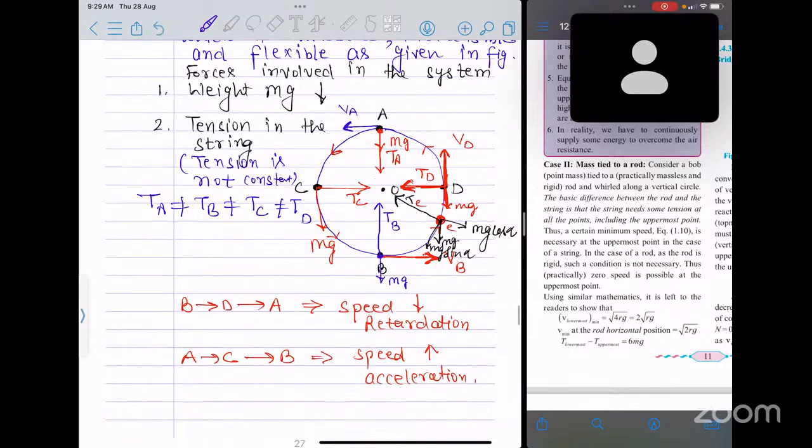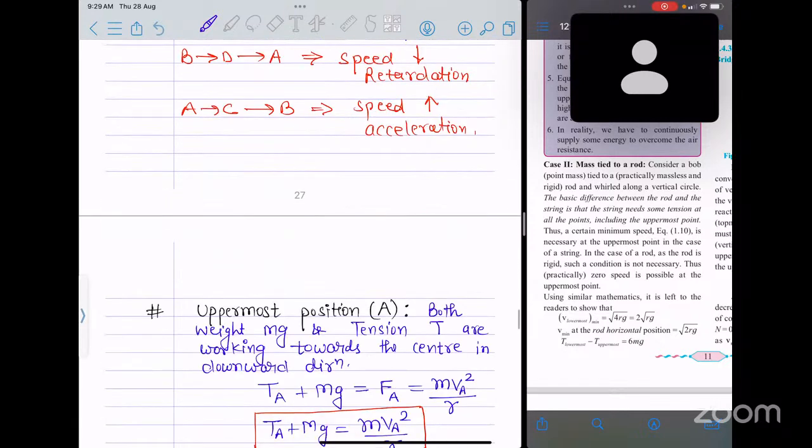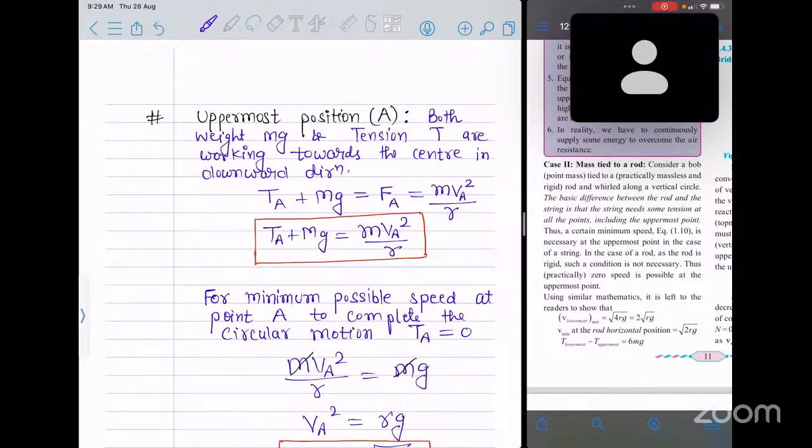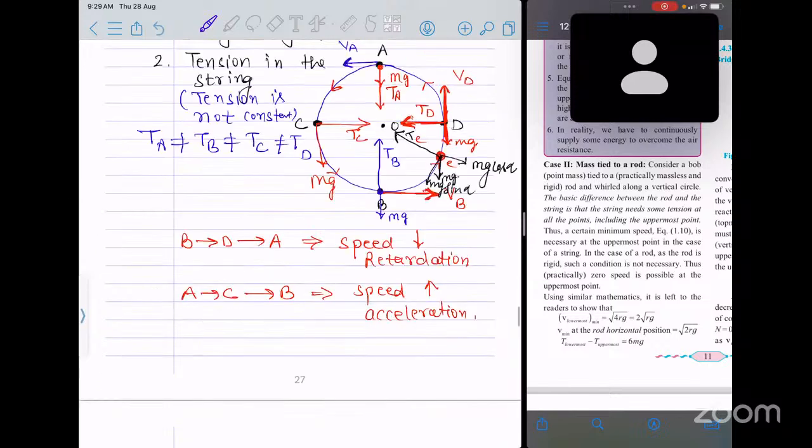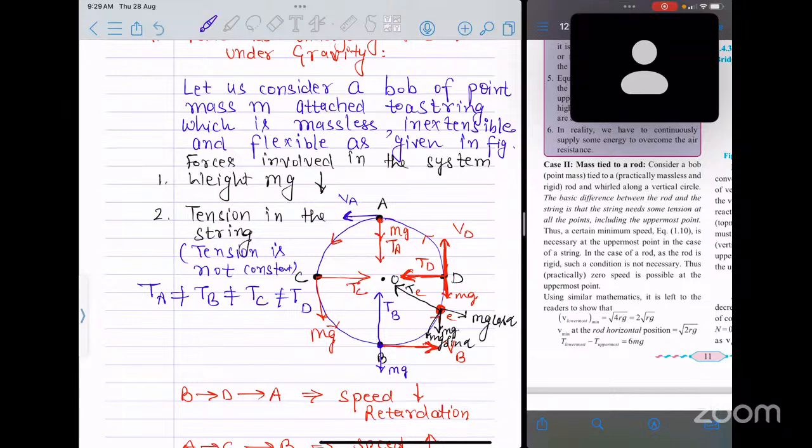Look at why it cannot be zero. In this figure we made the equation T_A plus mg equals m V_A squared by r. If I consider that at the topmost point zero is possible, then V_A will be zero. And when you take V_A equals zero, T_A plus mg will become zero. Tension T_A will be negative of mg. Tension T_A negative of mg means tension T and mg will work in opposite direction. But if you look at the situation, they are working in the same direction, which means it is not possible. So, in vertical circular motion, in the case of string, the object cannot have zero velocity or zero speed at topmost point.